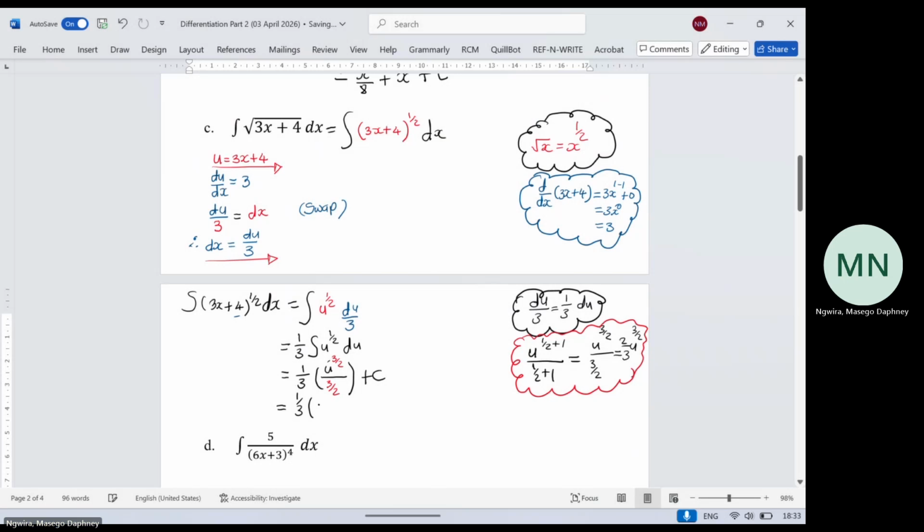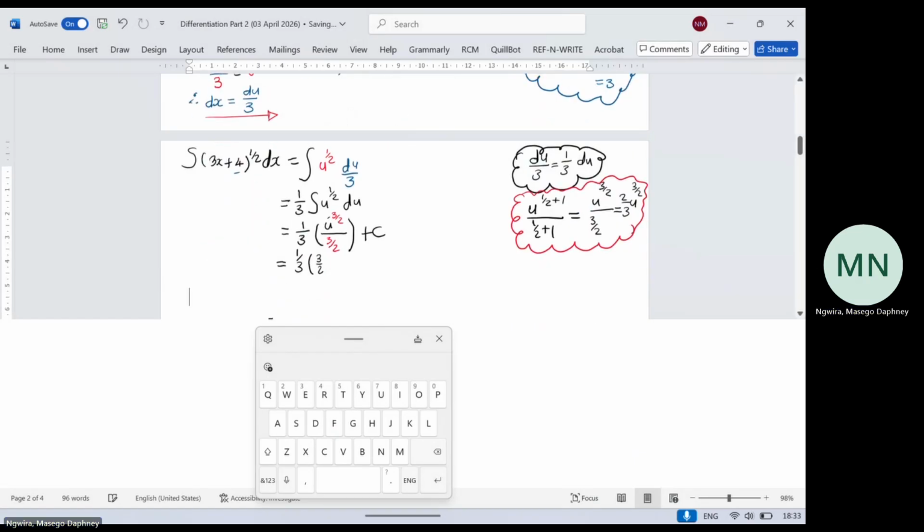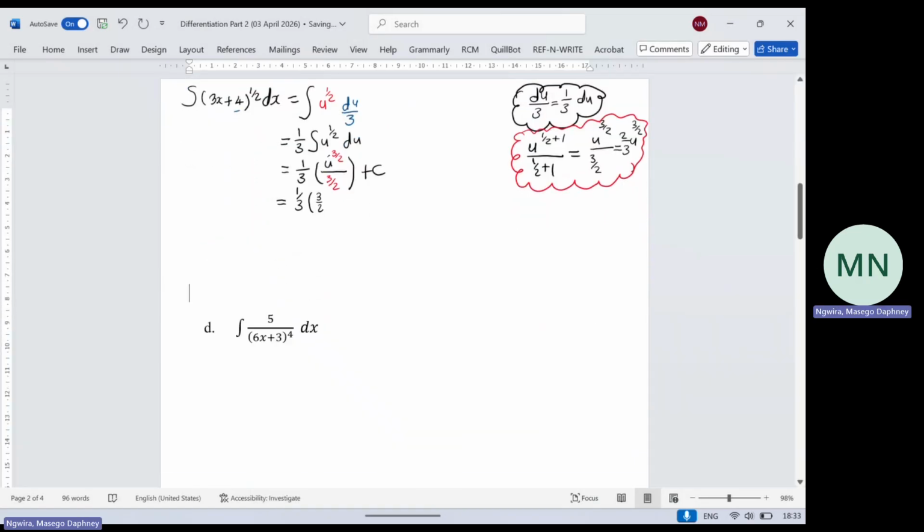times 3 over 2. And then this is, sorry, let me just make a space. This is just u to the power of 3 over 2. Okay, let me just do this because I don't have space. Let me rewrite it at the bottom. As I said, 1 divided by 3 over 2 is going to give you 2 over 3.